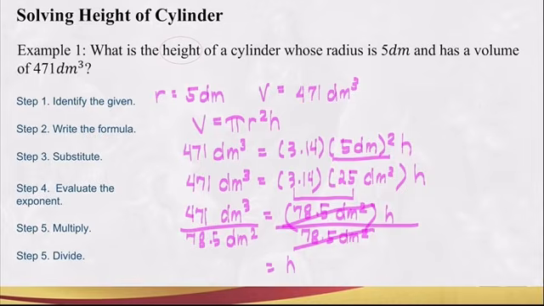You can use your calculator to easily find the quotient, and that is equivalent to 6. Then, dm cubed divided by dm squared. Kapag division and it involves exponent, isusubtract natin yung kanilang exponent. So, 3 minus 2 is 1. That's why the unit is dm. So, the height of the cylinder is 6 dm or 6 decimeter.